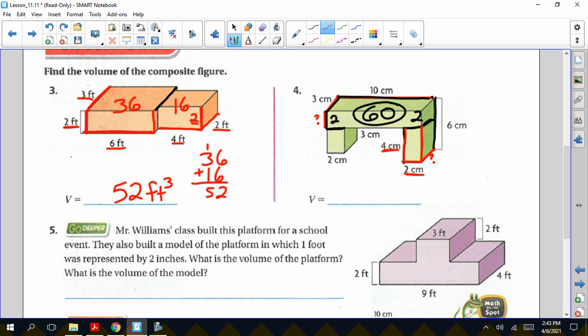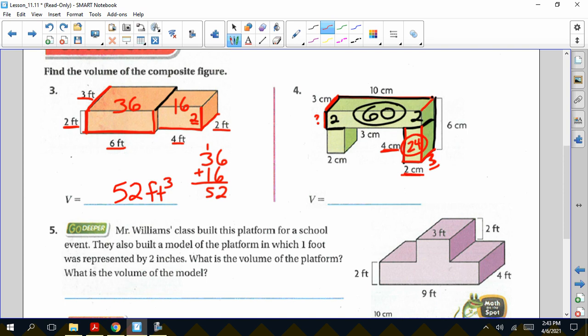Well, this line again is the same as the width all the way around, so it is 3 centimeters. So we're going to take 4 times 2, which is 8, times the 3 for the width, and we're going to get 24 centimeters.